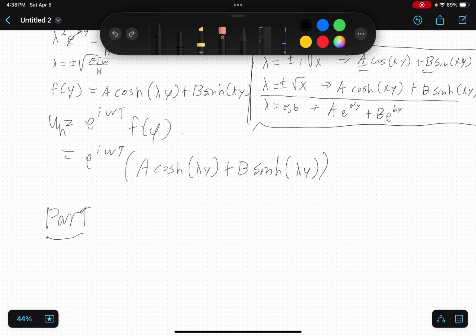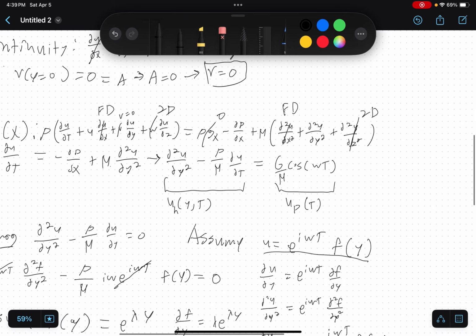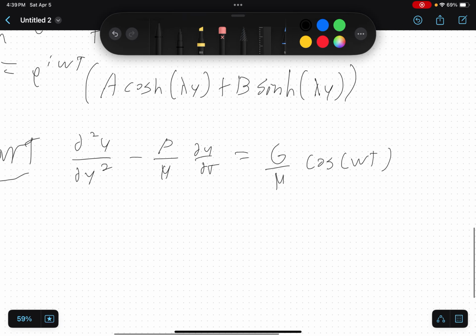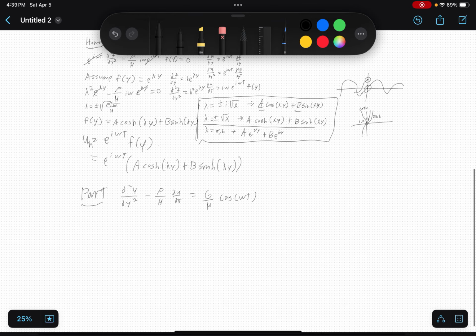That is d squared u dy squared minus density u du dt equals g over that cosine wt. Cool. And what did we say it had to be a function of? It had to be a function of t because t is on the right side.